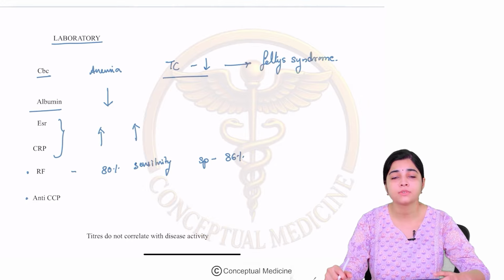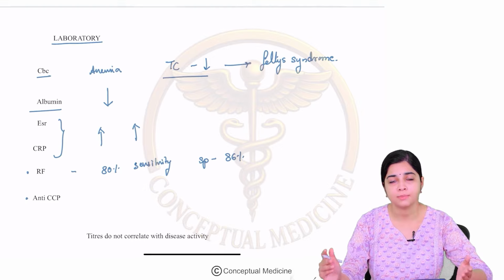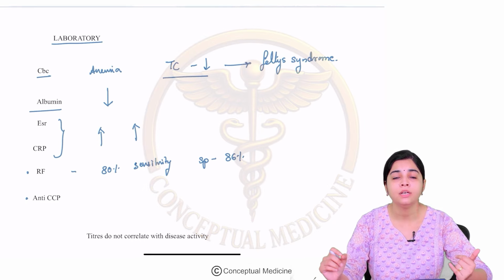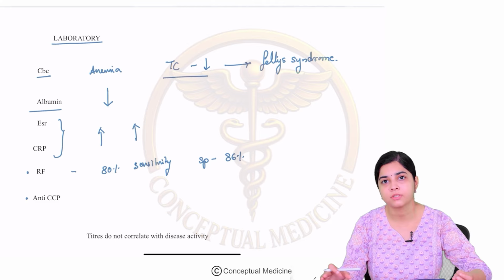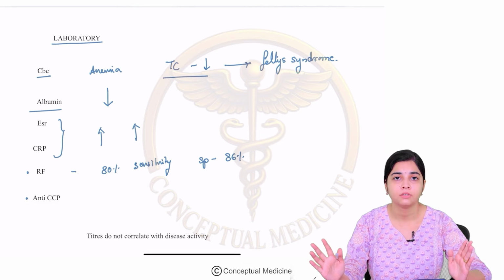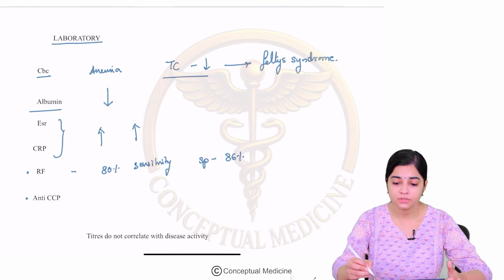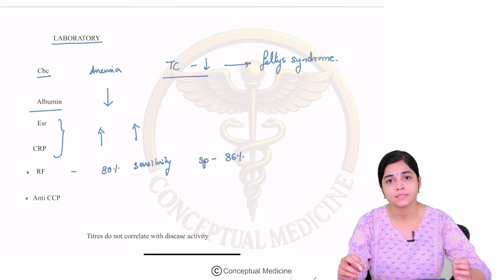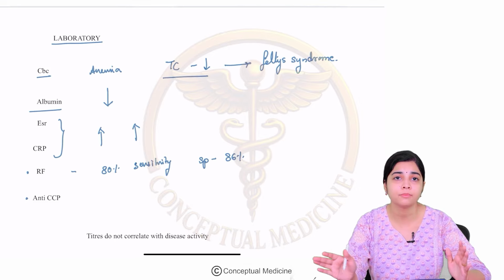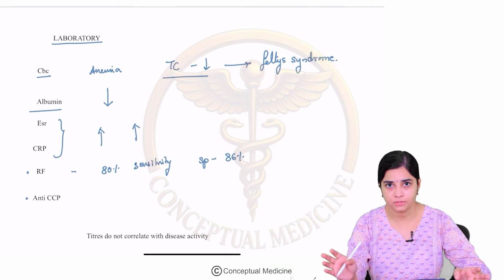What this means is that not all rheumatoid arthritis patients may have RF positivity, and not all patients with RF positivity definitely have rheumatoid arthritis. That is why rheumatoid factor is only a screening test, but not a confirmatory test for the presence of rheumatoid arthritis.